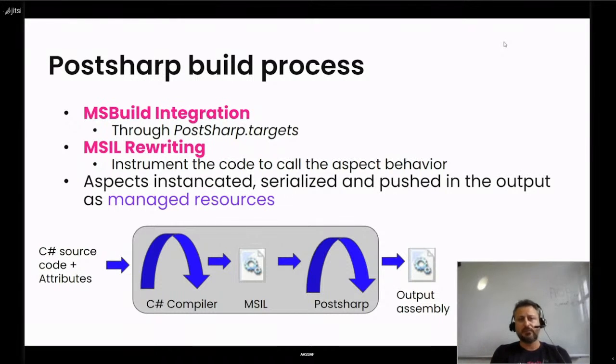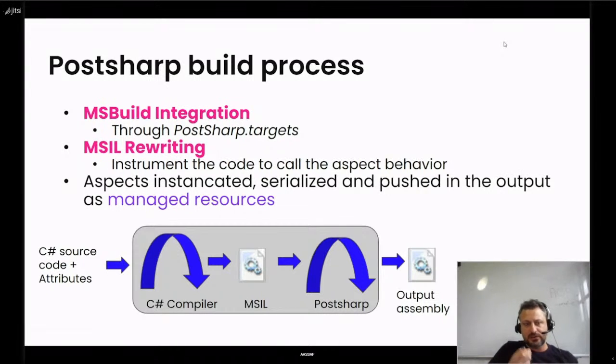PostSharp's approach is different, but it benefits from the openness of the MSBuild process by injecting a library called PostSharp target and adding an additional step to the .NET build. So this is the MSBuild integration through this library.